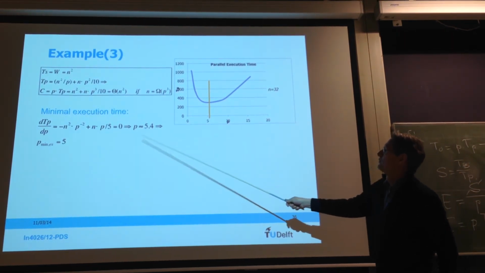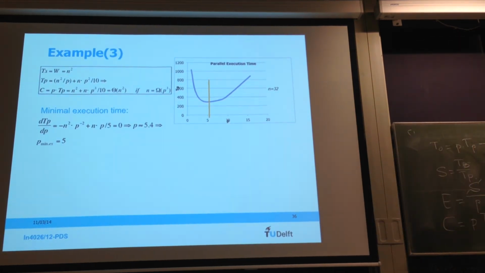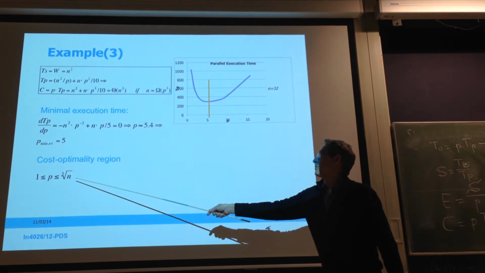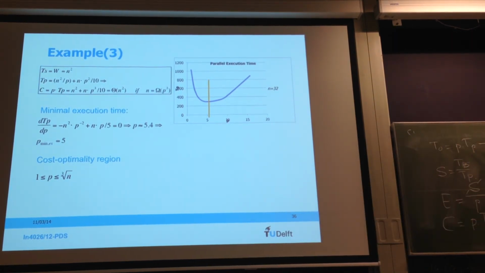P is 5.4, so P minimal should be here. And the cost optimality region is given by 1 smaller than p smaller or equal than the third power root of n, right? Which is approximately here. So here it's somewhat closer together by virtue of this function.